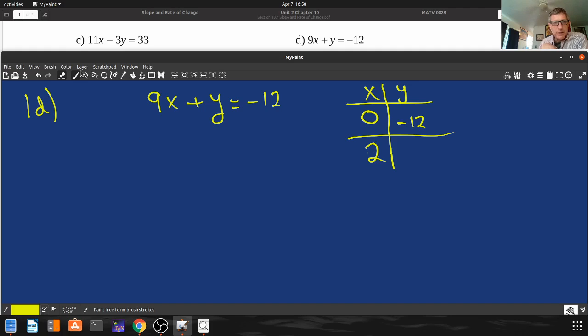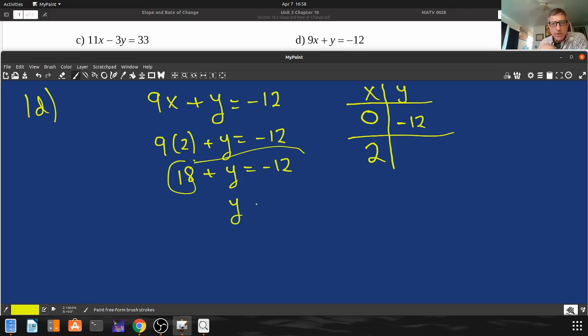So that's 9 times 2, plus y is equal to minus 12. So 9 times 2 is 18 plus y is equal to minus 12. I'm going to move this 18 to the other side. I get y is equal to minus 12 minus 18.